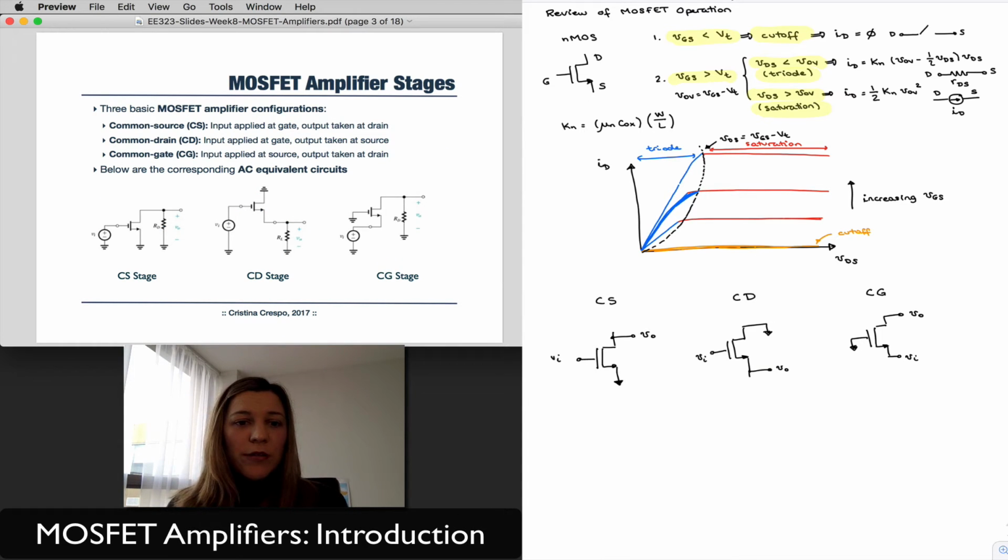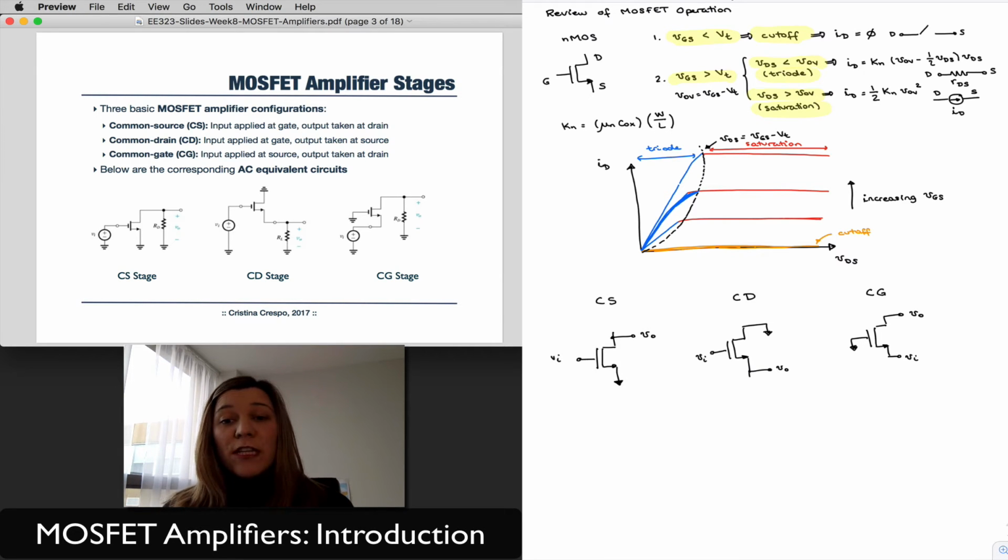So here are the three configurations: common source, common drain, and common gate. Notice that this is representing the AC equivalent circuit, the small signal AC equivalent circuit. And so you don't see any DC sources being applied in the circuit. They have been replaced with either a short circuit to ground, or an open circuit if you're dealing with a DC current source.